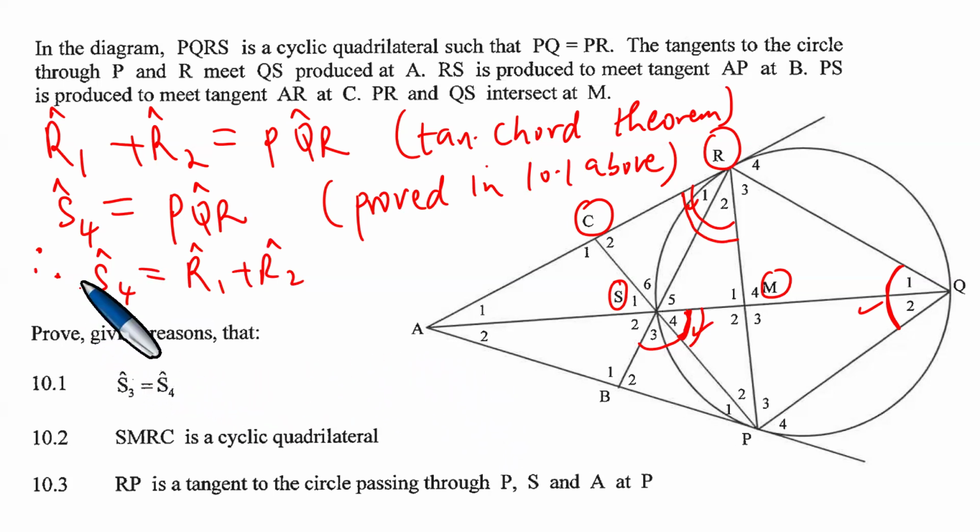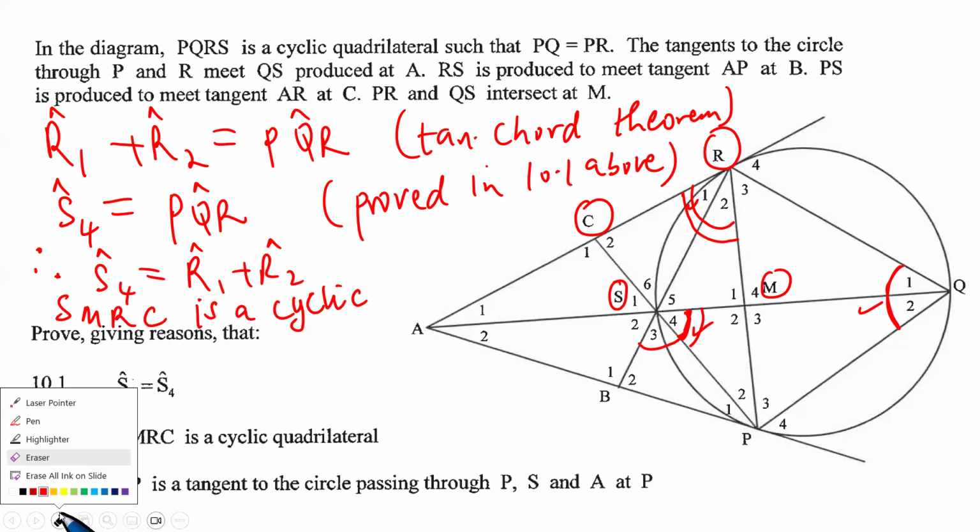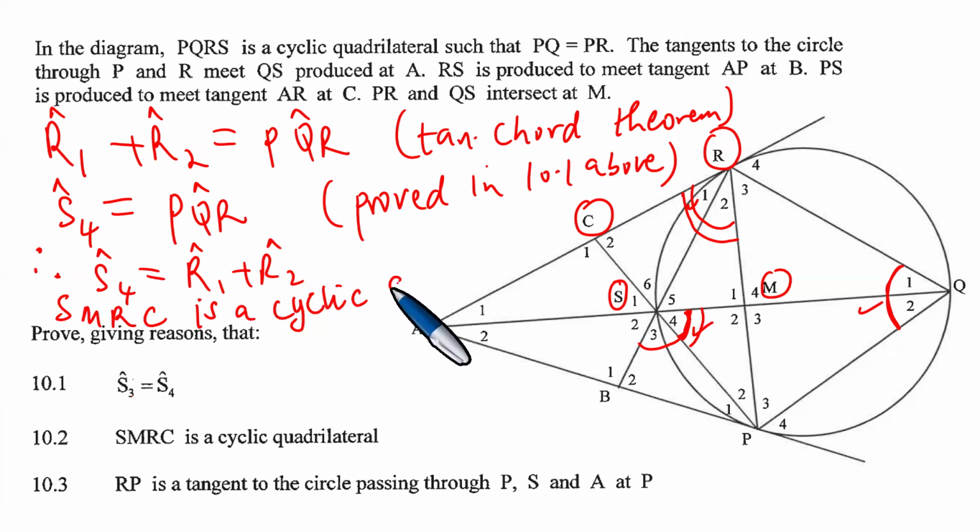The conclusion that we can make is that SMRC is a cyclic quad. It's a cyclic quad. Why? We're going to analyze that together just now.